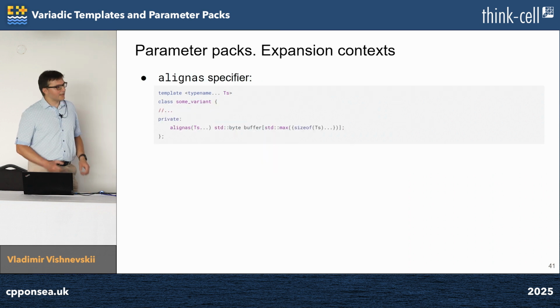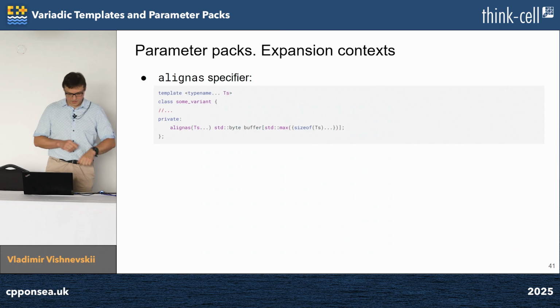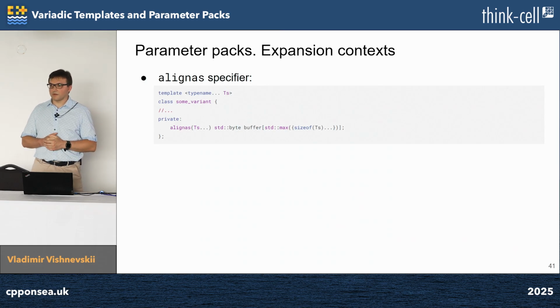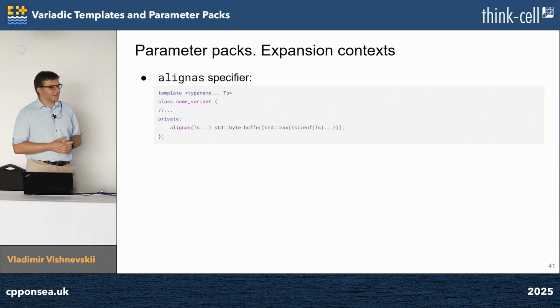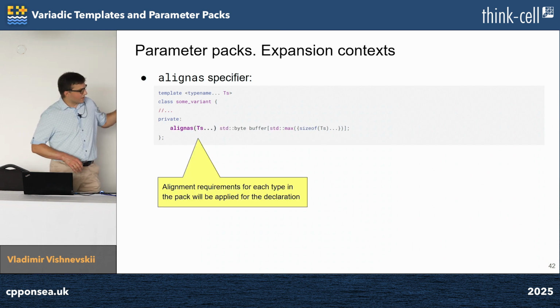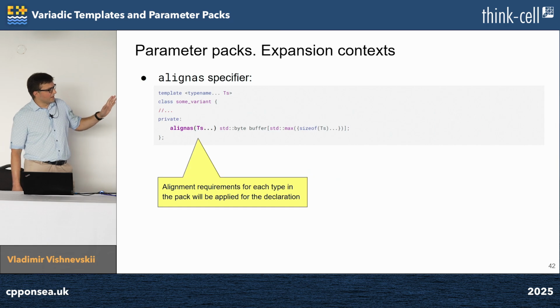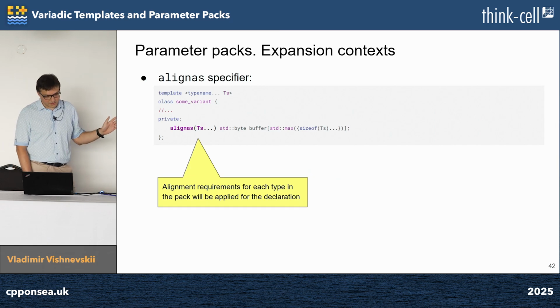Okay. Another expansion context that is also quite peculiar is the alignment specifier. Probably there is no daily usage for that, but if we develop something like a variant that should be able to hold different types, we probably need to enforce some alignment that will be defined by the types that the variant can store.